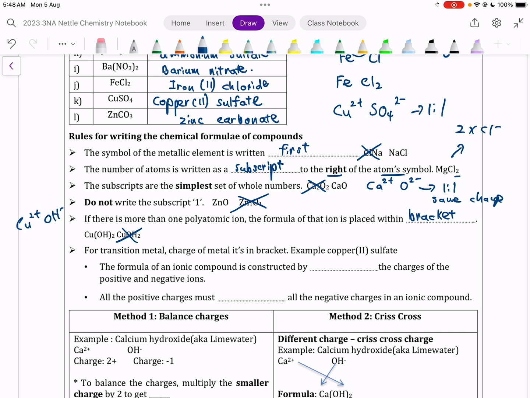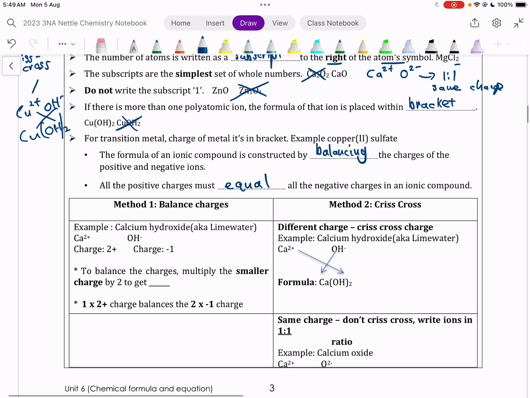So you should do a crisscross, then like that, with a bracket. And the formula of an ionic compound is constructed by balancing the charges. All the positive charges must equal all the negative charges.